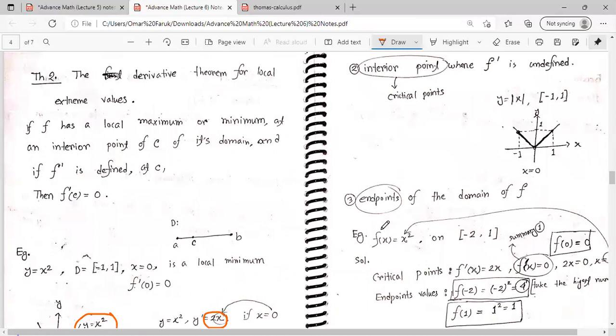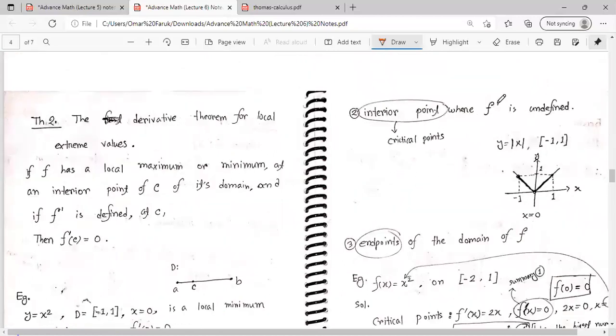And another thing is an interior point where f dash is undefined. For example, if the function is y is equal to modulus x, here where x is equal to 0, we already proved that this point is not differentiable.